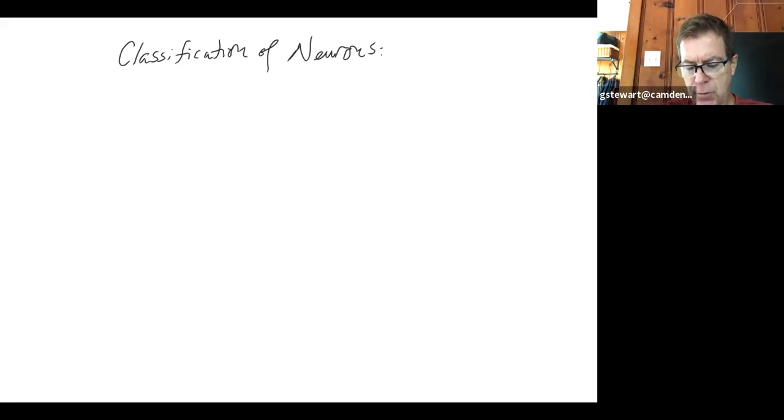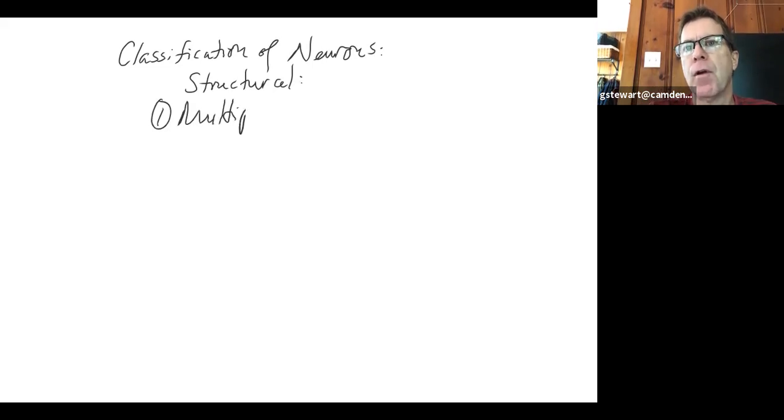So let's do the easy one first. Structural classification is just this. This is what neurons basically look like. Multipolar, I'm going to go bipolar, and unipolar.